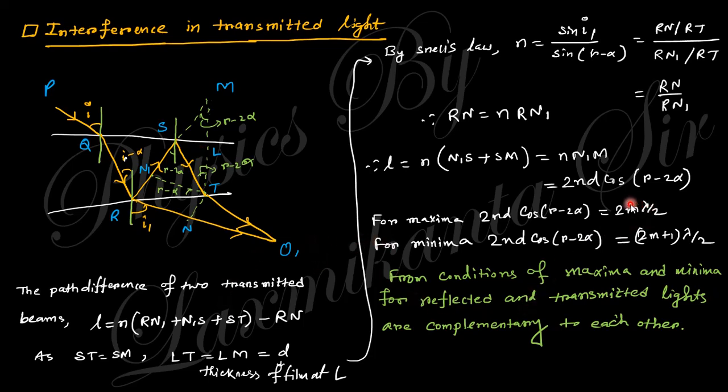That's why no additional path of lambda by 2 is added here, so the conditions for maximum and minimum are different. The conditions for maximum and minimum in reflected light are complementary to each other.